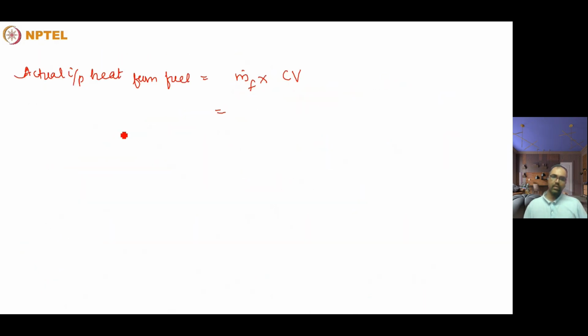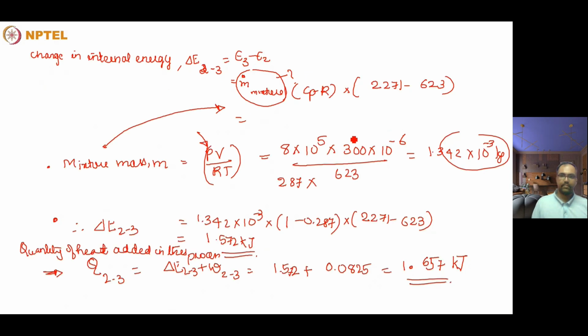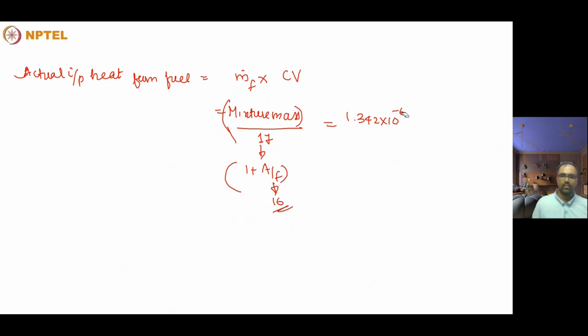So the mass of fuel will be the mixture mass divided by 17, that is 1.342 into 10 power minus 3 divided by 17, multiplied by the calorific value of the fuel, 142,000 kilojoules per kilogram.